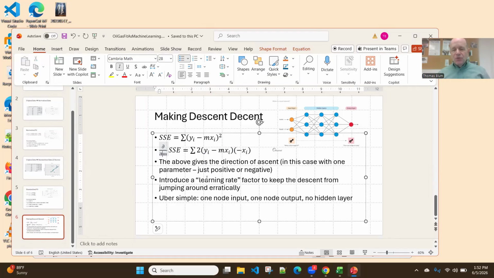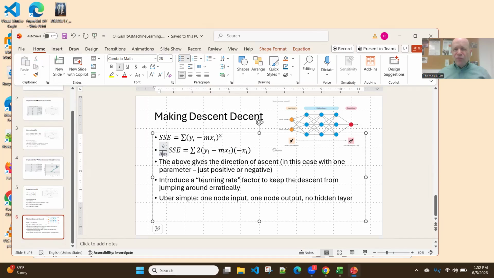And to keep the model from numerically jumping all over the place, we can introduce a learning rate. We find the right direction, but we don't want to move too far in the right direction, as that can sometimes end up being the wrong direction. So you want to slow it down. And so there's going to be some learning rate factor when I jump over to Excel.